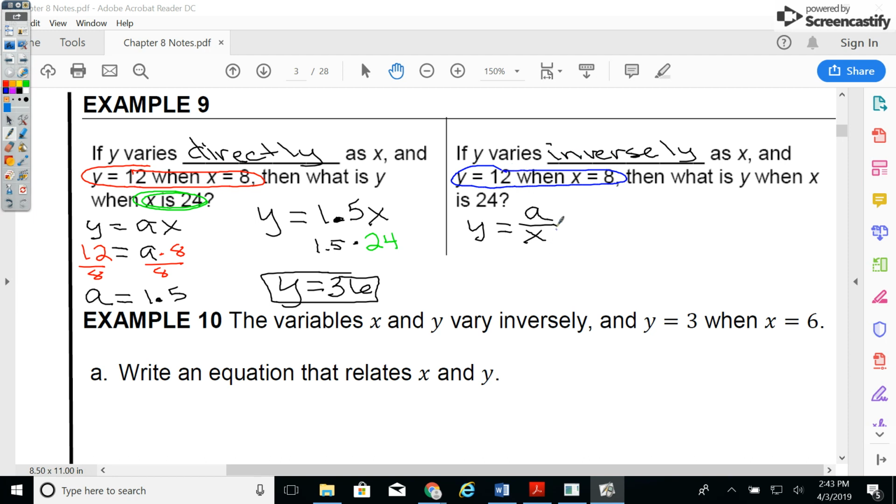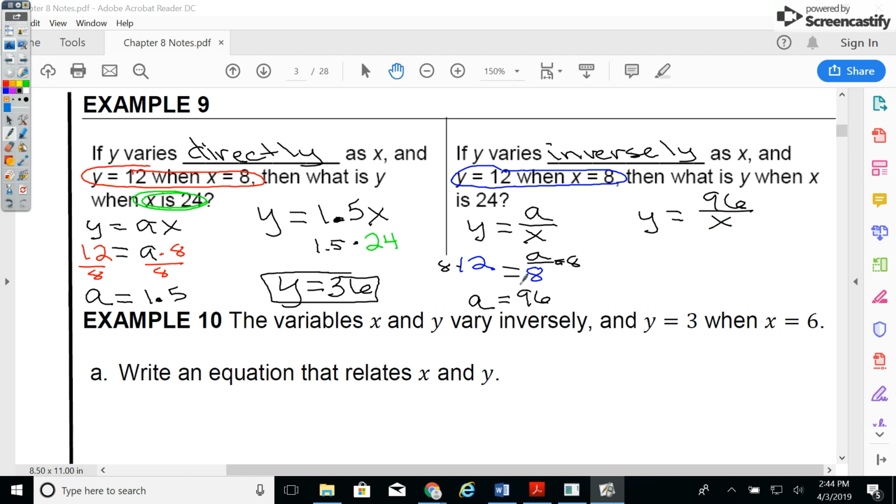For inversely, we're going to end up multiplying these two in order to find a, because when we plug in the 12 and the 8, in order for us to solve for a, we need to multiply both sides by the 8. So multiply this by 8 and multiply this by 8. So a equals 8 times 12, which is 96. So my equation is y equals 96 over x.